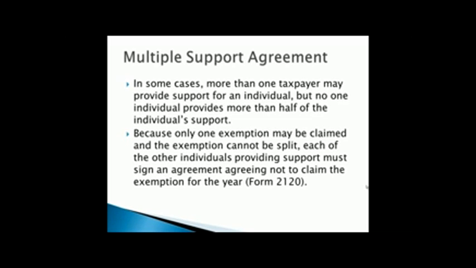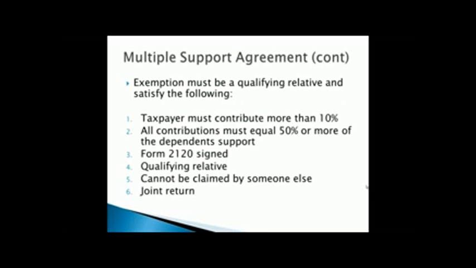Your part of the support must be at least 10% or more of the support, and you cannot split the exemption. Everyone else that provides support for that person must sign a 2120 before you can claim this exemption.